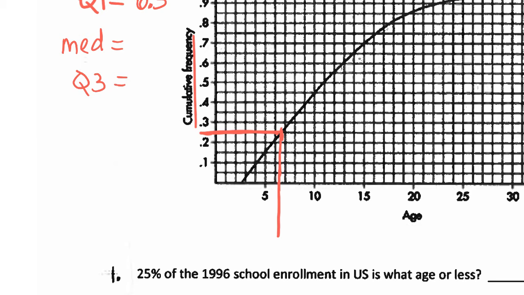Do that now. So your 50th percentile. So the median looks like it's at what? Okay. And the 75th percentile looks like it's at 16. So see, that percentile is that much or less. If you're in the 90th percentile, then you are higher than 90% of the students, or you have more.